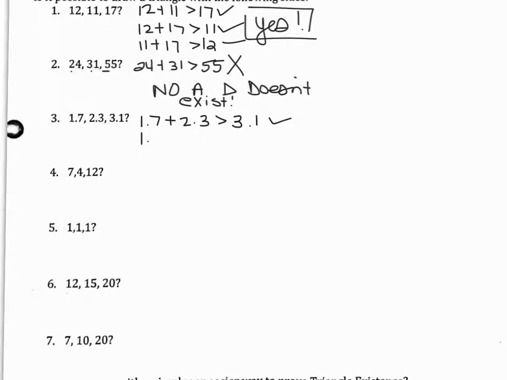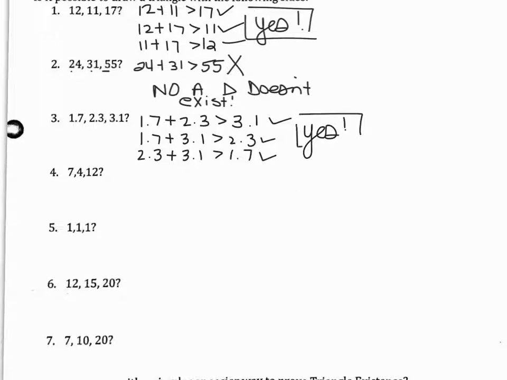Now I have 1.7 plus 3.1, is that greater than 2.3? That's 4.8, which is greater than 2.3. And now I have 2.3 plus 3.1, is that greater than 1.7? Well, 2.3 is already greater than 1.7, so anything I add to it is still going to be greater. So yes, a triangle does exist with these lengths.